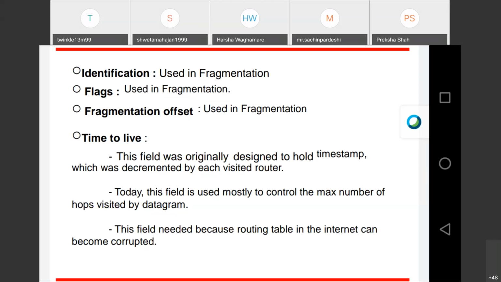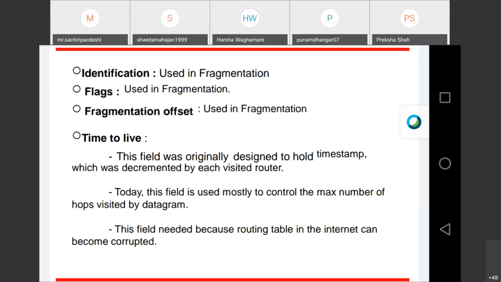Right? And again, the destination machine will wait for the packet. Okay, so to solve this issue, initially this time to live field was designed to hold a timestamp, which was decremented by each visited router.